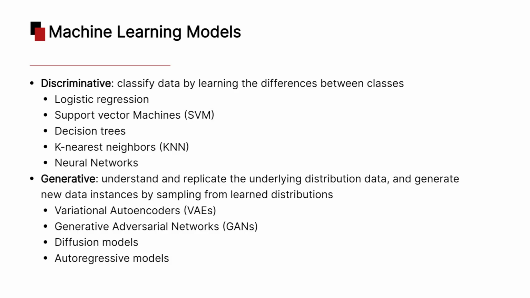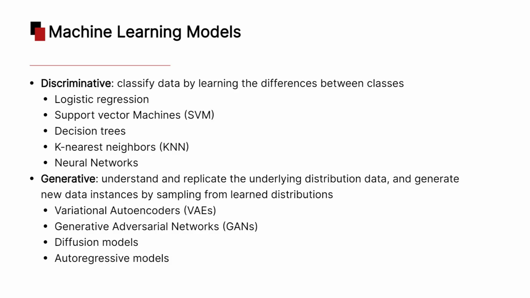Support vector machines, SVM, finds the optimal decision boundary, or maximum margin, between classes, particularly effective in high-dimensional spaces. Decision trees split data based on feature values into decision rules. Very interpretable, but prone to overfitting without pruning. K-nearest neighbors, KNN, classifies a point based on the majority vote of its nearest neighbors in feature space.